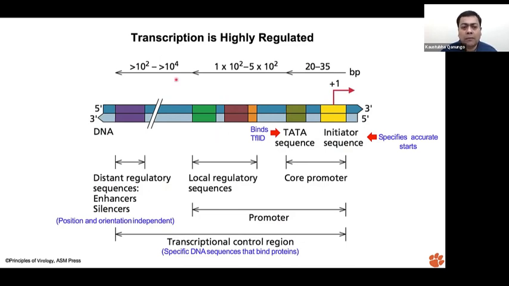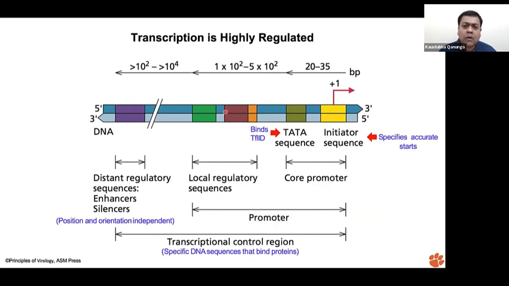On the other hand, you can have distant regulatory sequences, and the proteins that bind in these distant regulatory sequences are usually called the enhancers and silencers. Now here it has been shown as upstream, but remember that these enhancer or silencer sequences could be downstream of the gene as well.